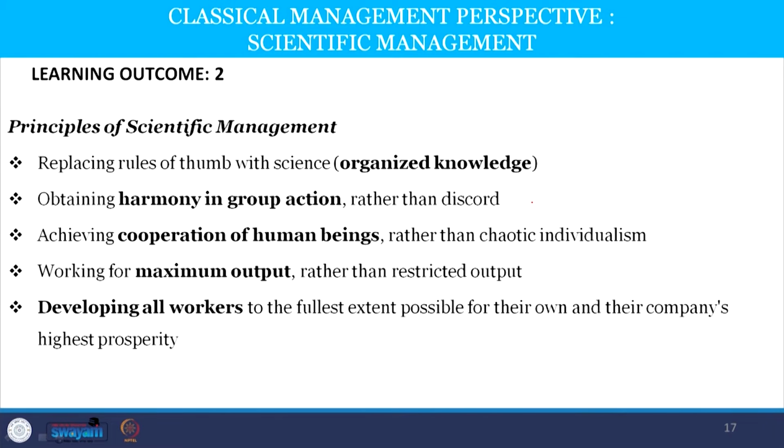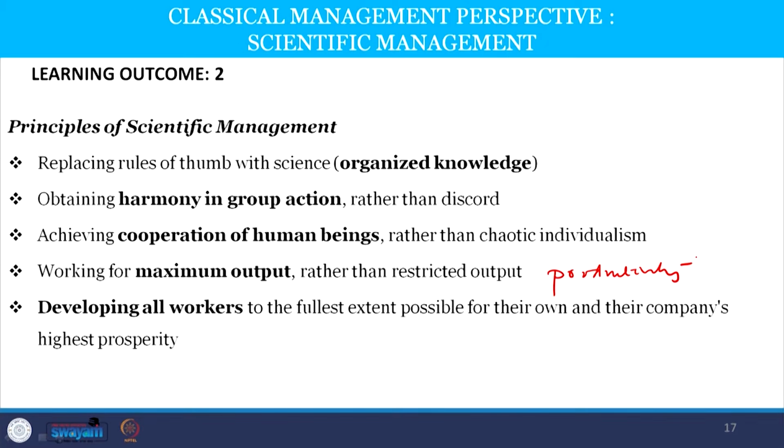To avoid discord and conflict, harmony and cooperation are important, working for maximum output rather than restricted output. They also emphasized improving productivity, and developing all workers to the fullest extent for their own as well as the company's benefit.